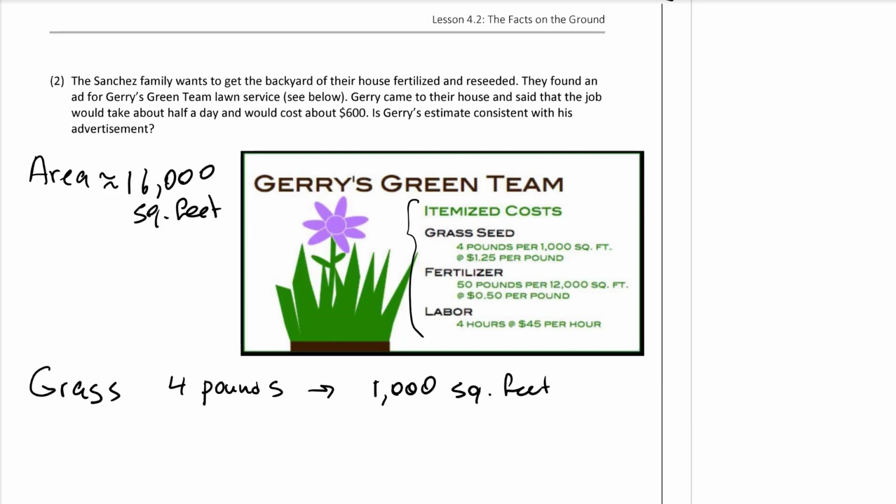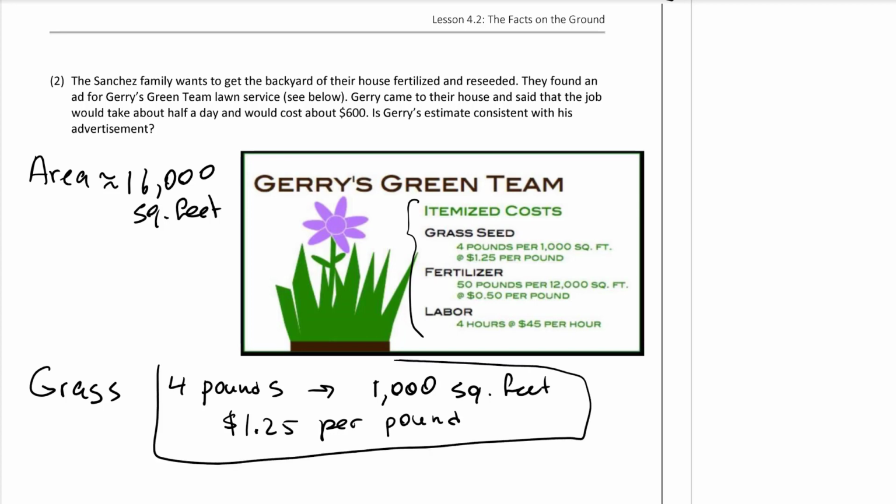And the cost is $1.25 per pound. I want to give you a moment to set this up whatever way you want. I'm not going to ask you to do unit analysis if you don't like that method, but I want you to immerse yourself in the situation. You see the numbers, you understand the square footage, put it all together to calculate.